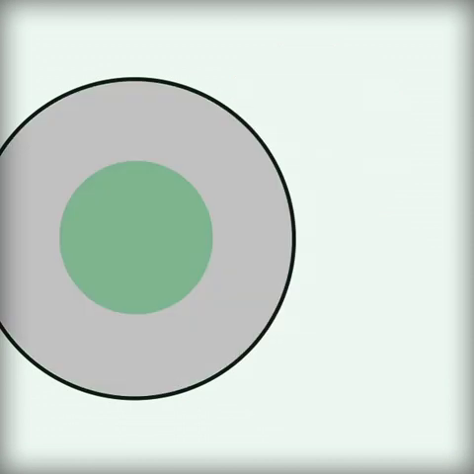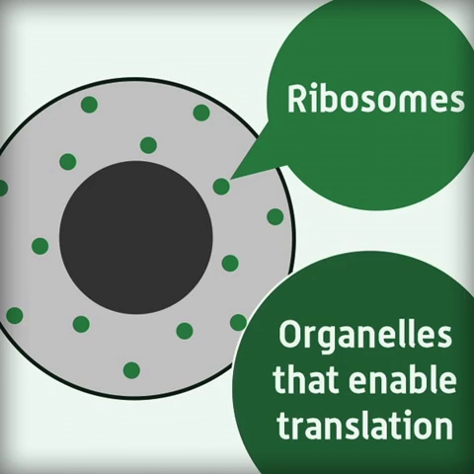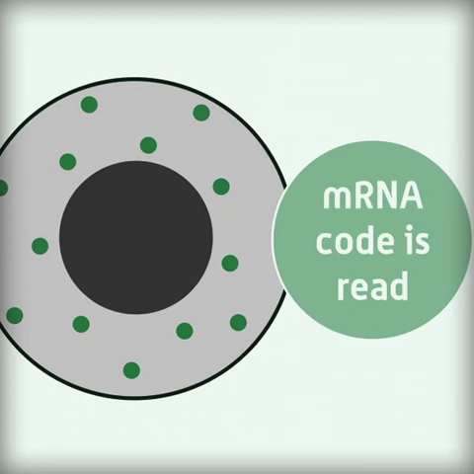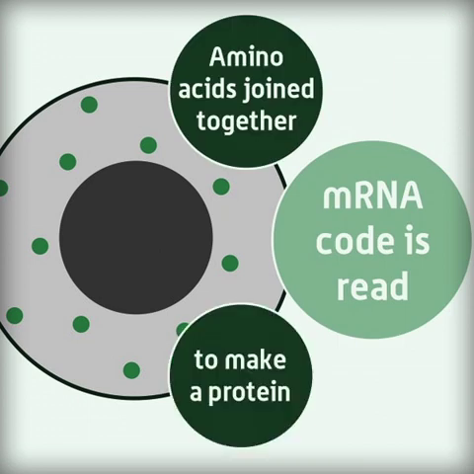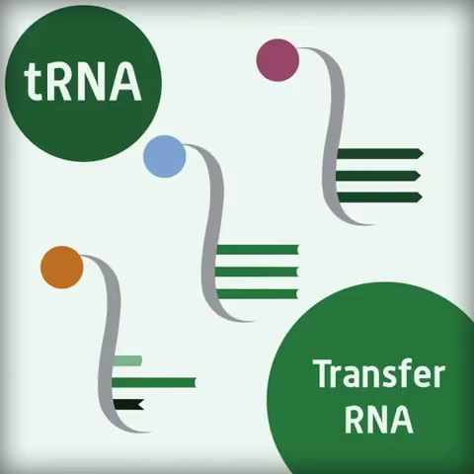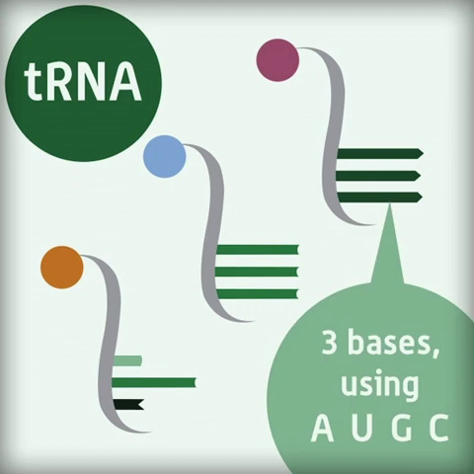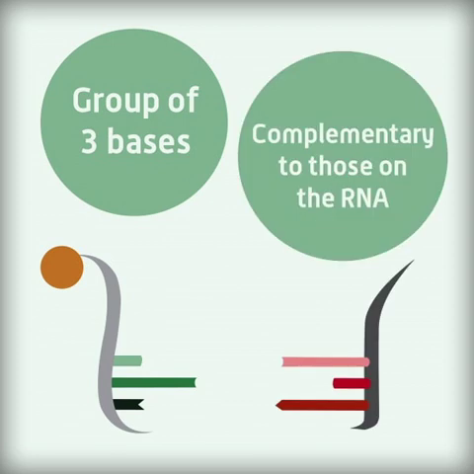Once the mRNA has left the nucleus, it's in the cytoplasm. Ribosomes are organelles in the cytoplasm that enable the next phase, translation. This is where the code on the mRNA is read and the specifically identified amino acids are joined together to make a protein. For this to happen, molecules called transfer RNA or tRNA are also required. These molecules each have a group of 3 bases at the bottom using A, U, G or C. For each tRNA, the group of 3 bases is complementary to a group of 3 bases forming the mRNA code.